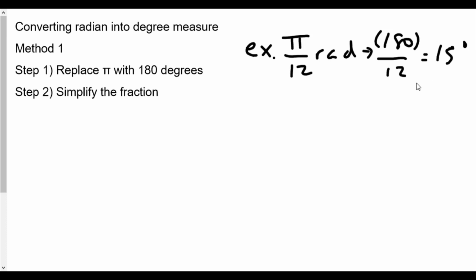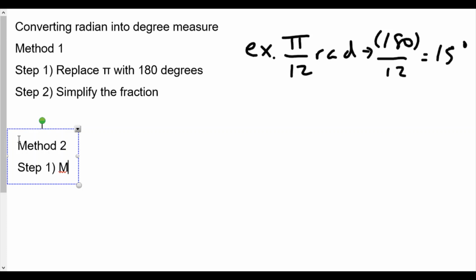So that's one method of converting radians to degrees. Our second method, method two, is very similar to converting degrees to radians.